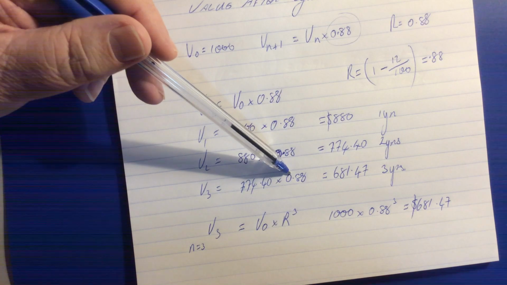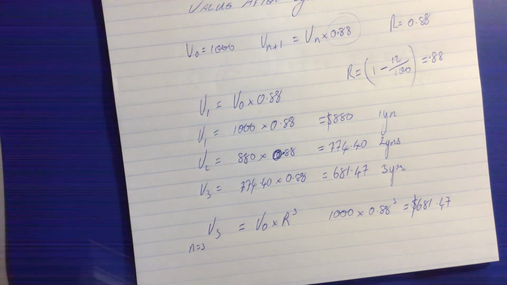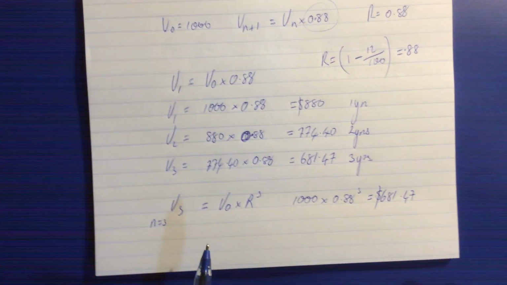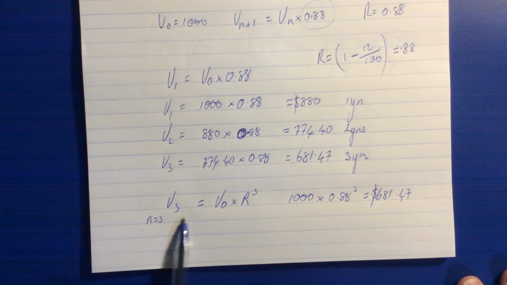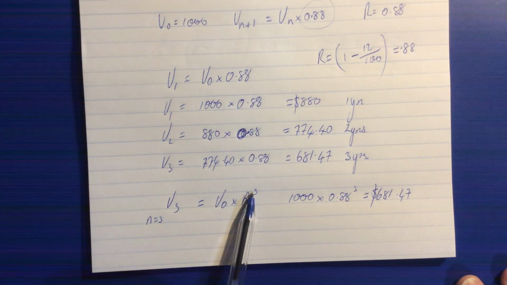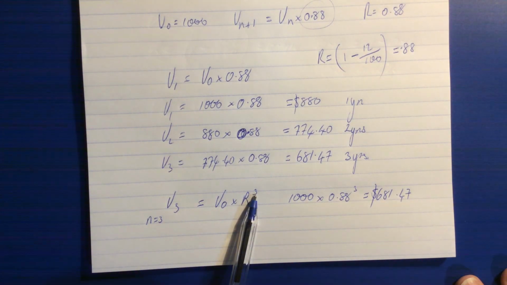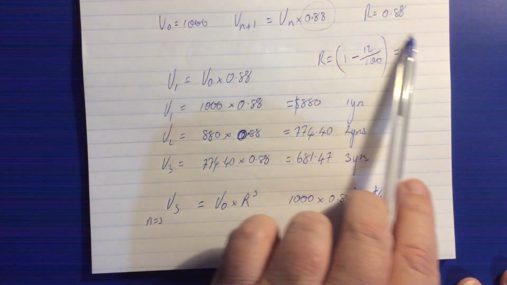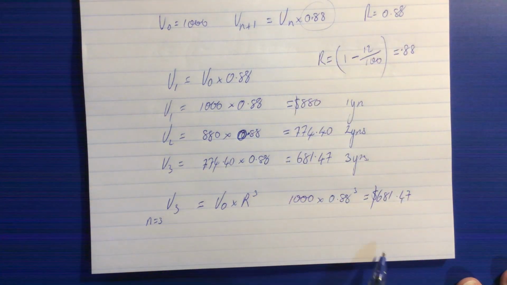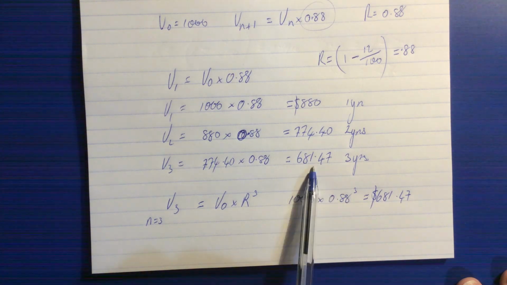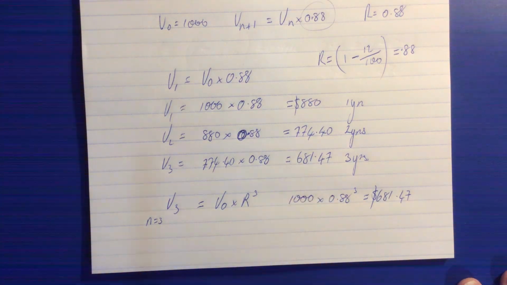This is the constant that we multiply by. If you want to take a shortcut, you can use this method. V3 equals V0 times r to the power of 3. How you calculate r is set out up here. And as you can see, you get the same result, whichever method you use.